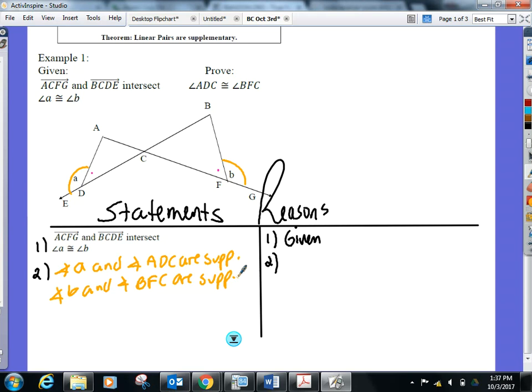Okay, now that you've told me they're supplementary, what are they supplementary to? These 2 angles up here are supplementary to which are what type of angles? Congruent angles. So now, yes, you can say angle ADC is congruent to angle BFC. Supplements.